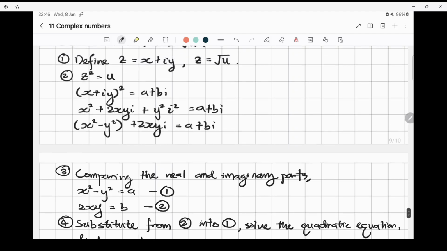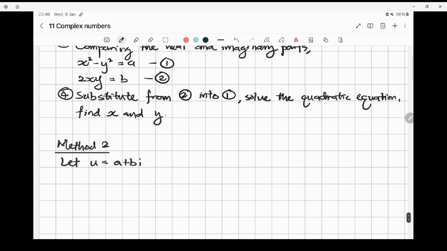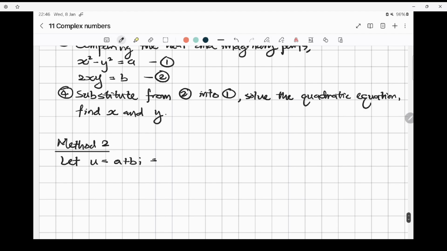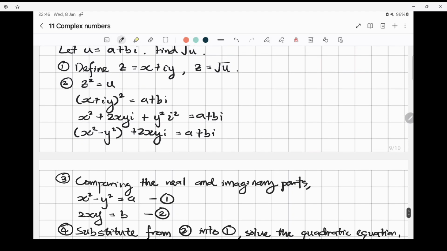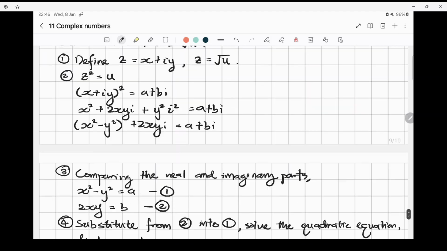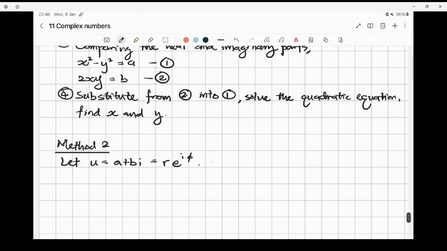From the previous sections, we also know that this can be written as, let's say, r e power i phi. The idea is to make use of the polar form to find the square root. What you would need to do is basically the same thing: you need to find the square root of u.